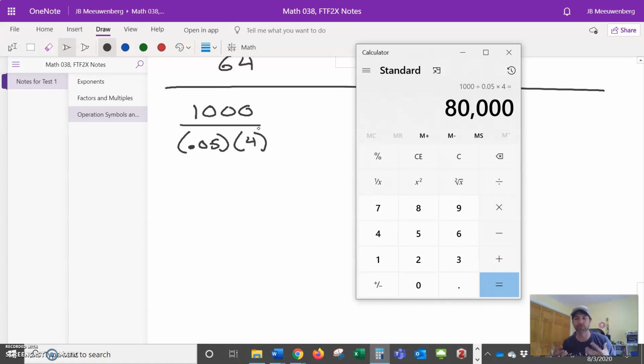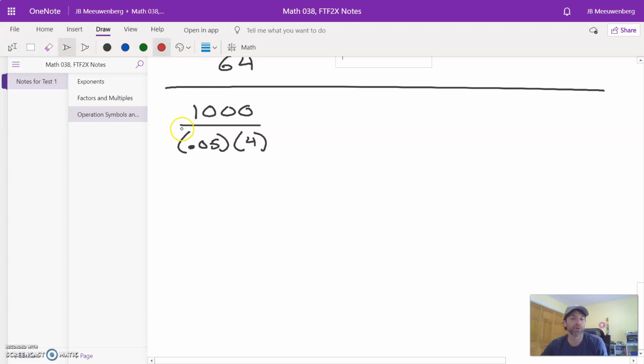And you get 80,000. That's not right. And if you look at what's up here in my calculator window, look at what it did. 1,000 divided by 0.05 times 4. It took and divided by 0.05 and then took that answer times 4. But that's not how this problem was laid out.